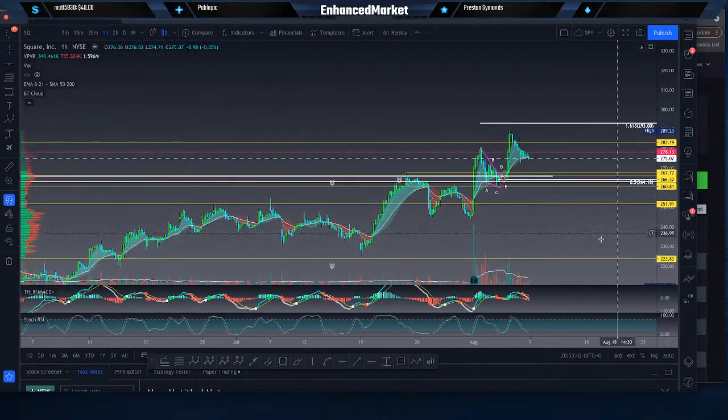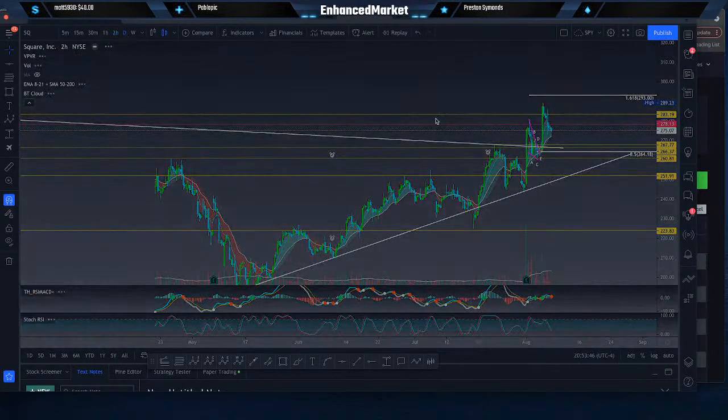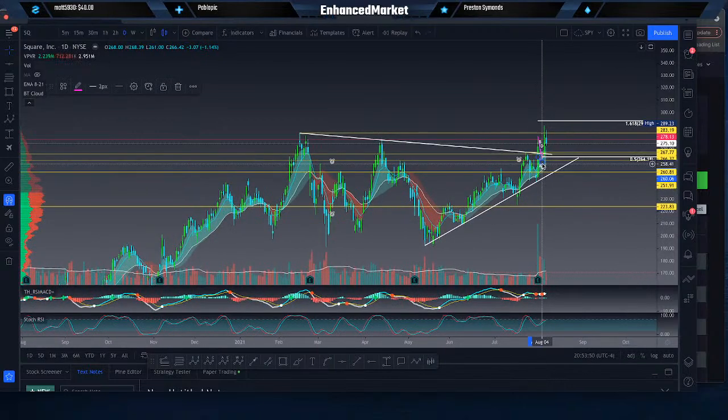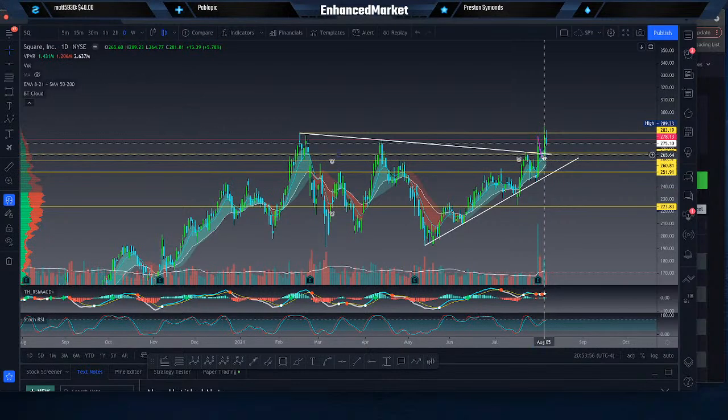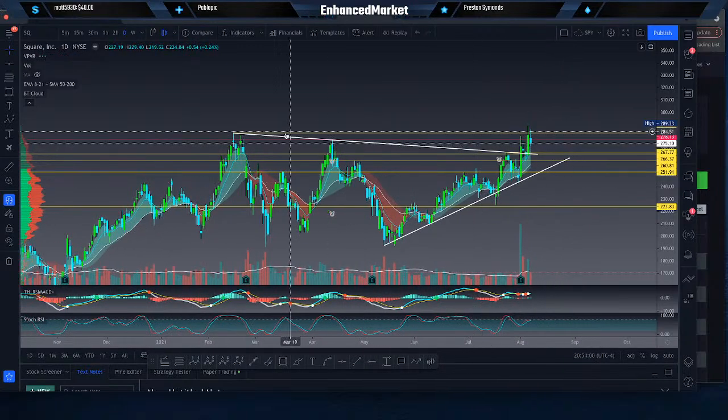But yeah, looking over it for this week. All right, let's take a look at the daily and delete all this stuff here. Looking at the daily, we broke out of this long-term consolidation.